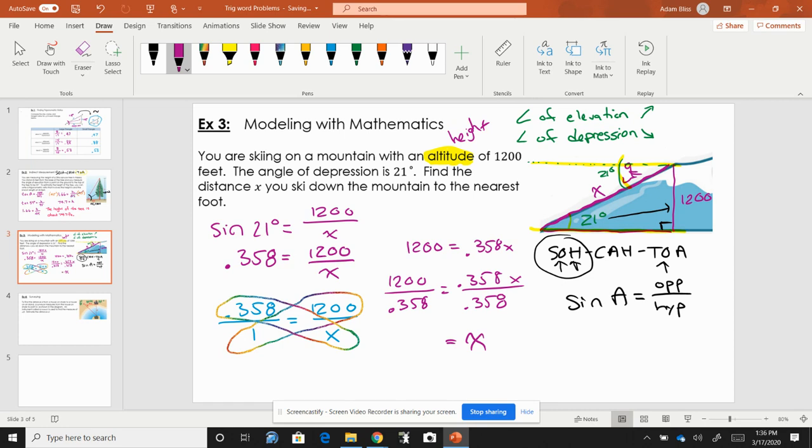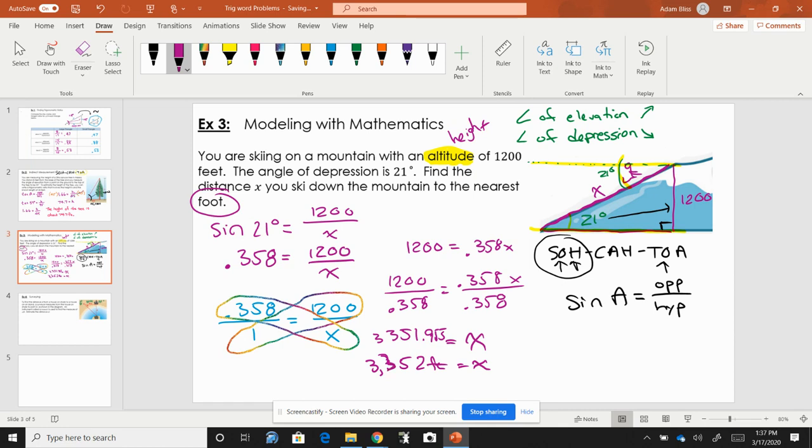1200 divided by 0.358, 3,351.955. I'm going to say about 3,352. 3,352 feet we're talking, right? Okay.